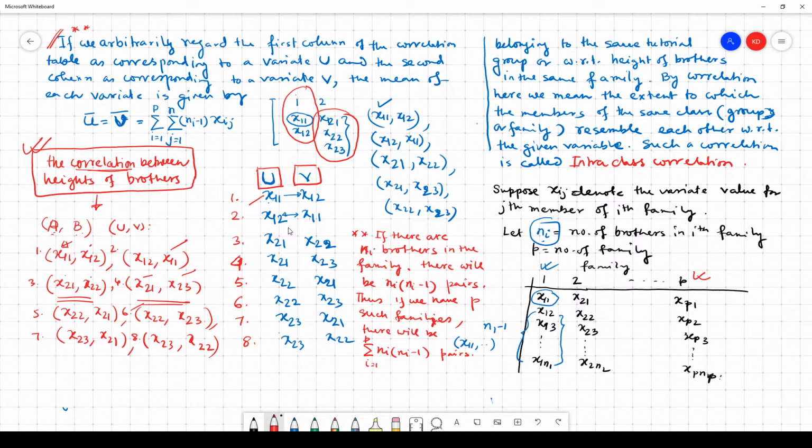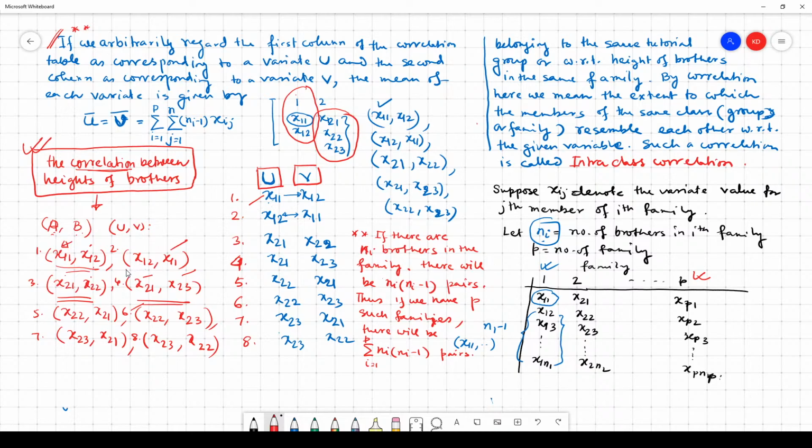The obvious question is, why consider x11, x12 and x12, x11 when these are the same thing? You just consider the heights of the brothers, so why consider permutation? It is enough to consider combination. But if I consider combination, then the number of elements of u and v are not equal.